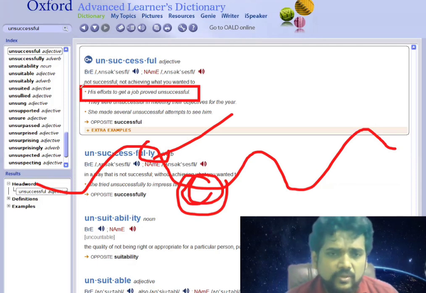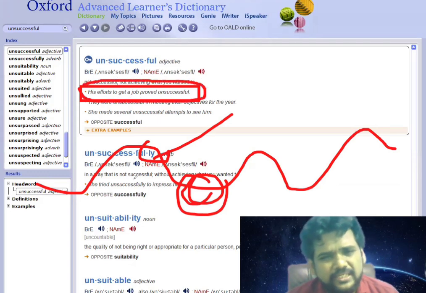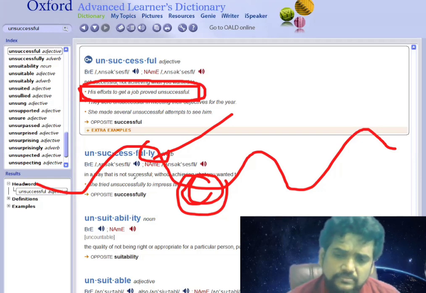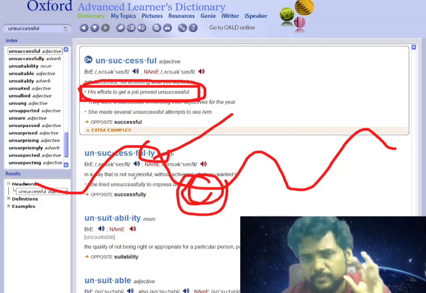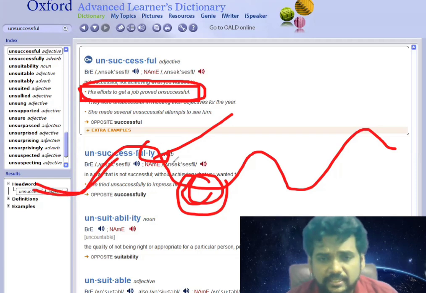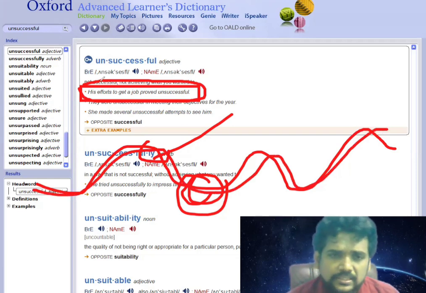Now, when you take a long sentence like this, we expect them to say, his efforts to get the job proved unsuccessful. We expect them to use all the words one by one individually, but they use them as a link like this. Listen to me.